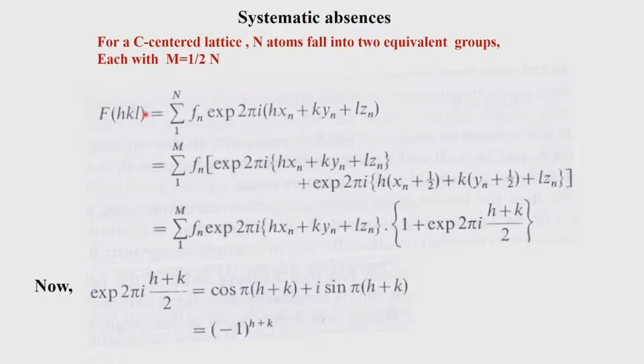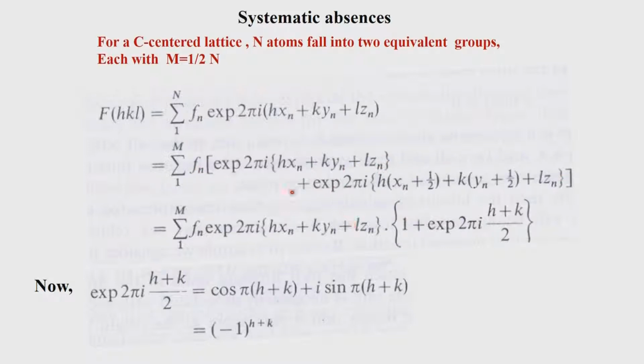What will happen to these FHKLs is what we see in the next part. I can rewrite this expression as the sum from 1 to m of f_n exponential 2 pi i (hx plus ky plus lz). So, what I do is I take the common factor out of this.